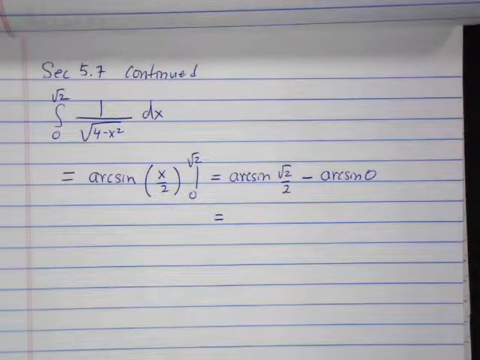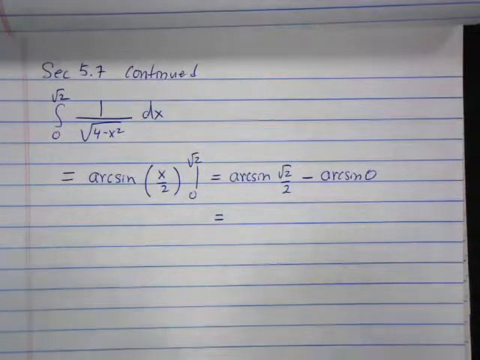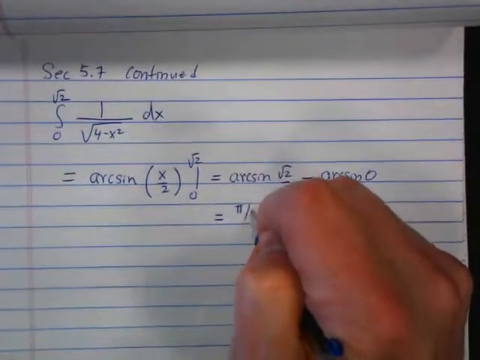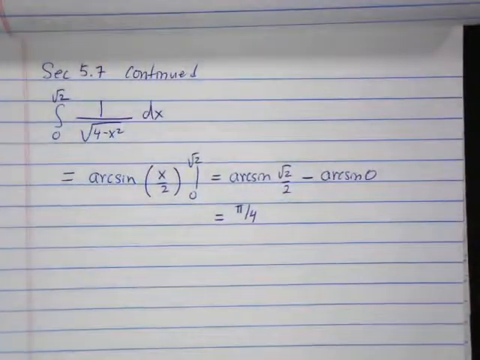Arc sine of the square root of 2 over 2 is... I heard a right answer, and I heard a right answer, but in the wrong units. Pi over 4. We never use degrees in calculus. Minus the arc sine of 0. 0. So our answer is pi over 4.